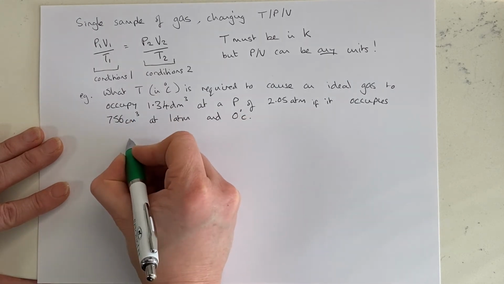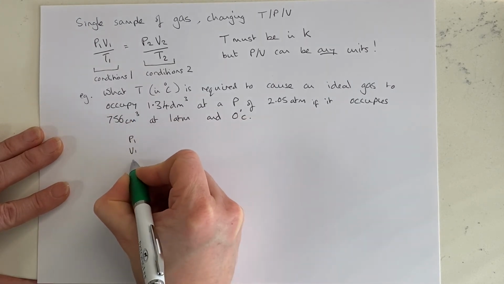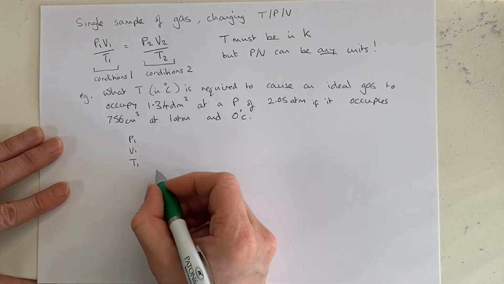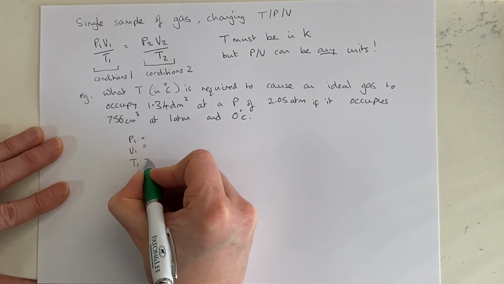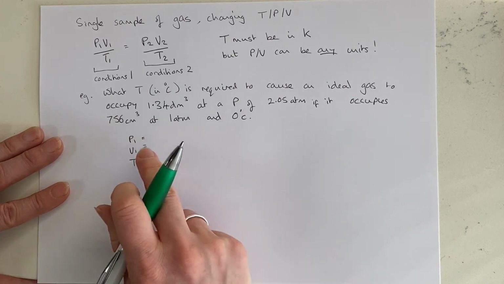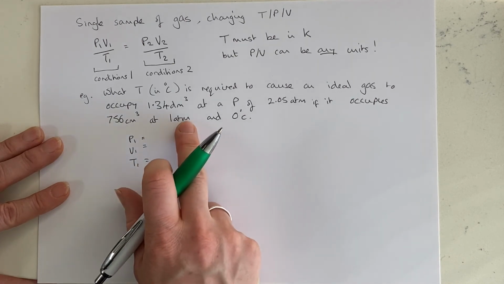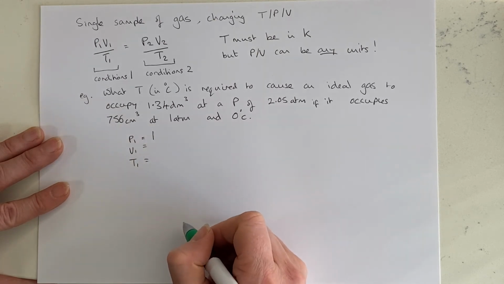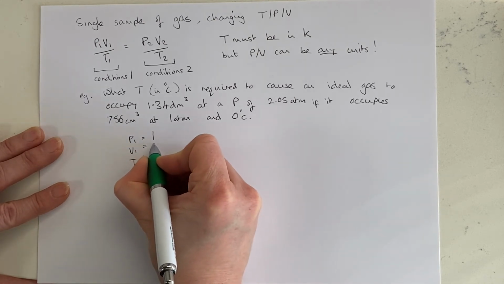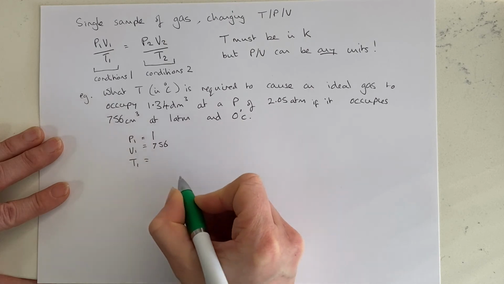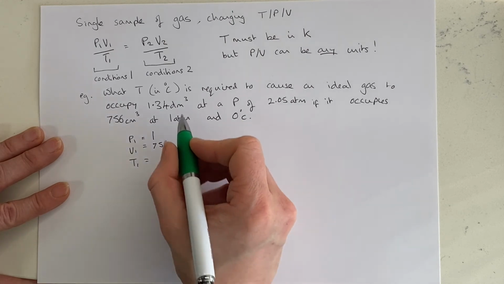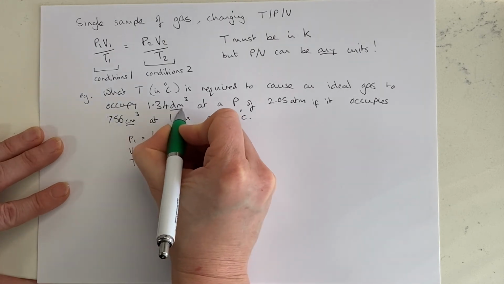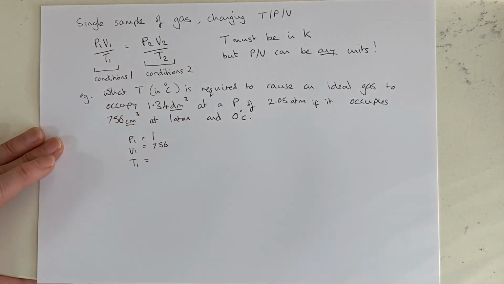So again, I would outline what numbers I need to put into my equations. My start pressure is 1 atmosphere, and I can leave that in atmospheres. My start volume is 756 centimeters cubed. Now I've got centimeters cubed and decimeters cubed, so I have to make them both the same.